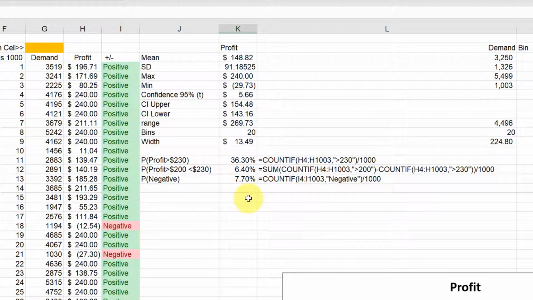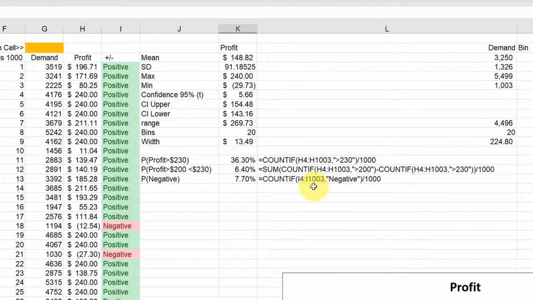And then finally, if you wanted to do an analysis of a column like I've added here, where I've got a text output, and I want to know the probability that I'm getting a negative profit, you could do it, of course, with profit less than 0. But here I just wanted to get a count of the number of times that "negative" showed up. And we use our COUNTIF function again.